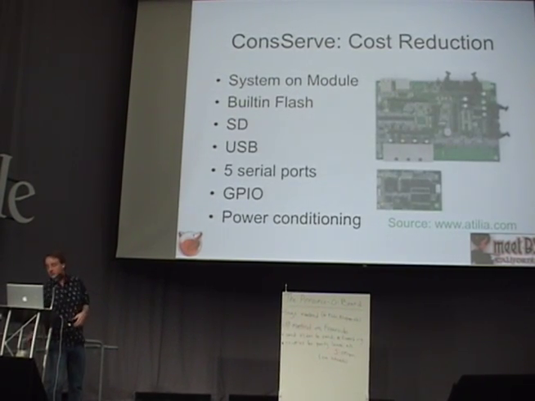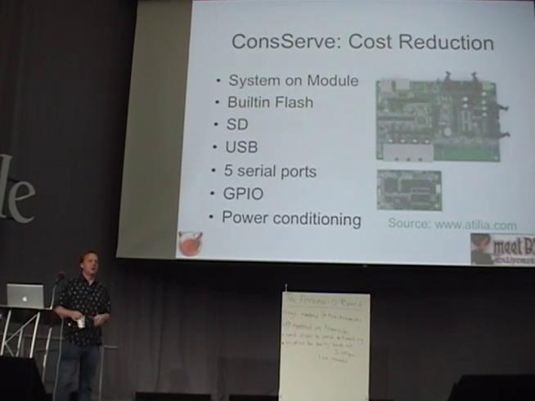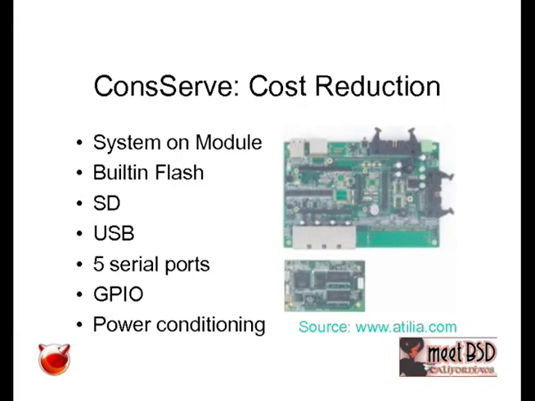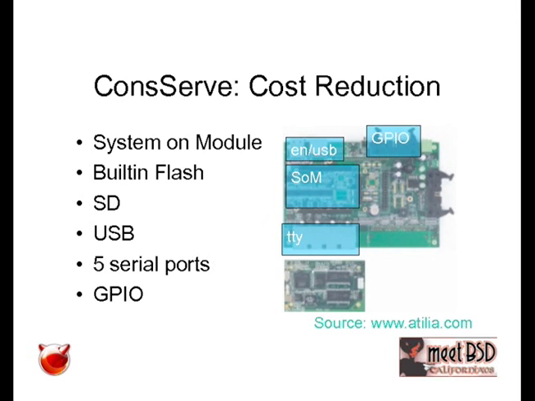One of the things that Atmel also sells, I'm not up here trying to sell you on them, there's 4 or 5 different vendors you could use, is they have a carrier board that you can plug the system on module into. And it brings out an SD card, the 5 serial ports, GPIO, etc., which I've kind of labeled here. For people that might be interested.